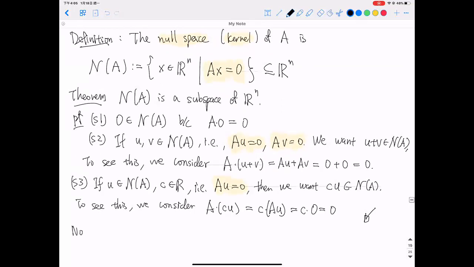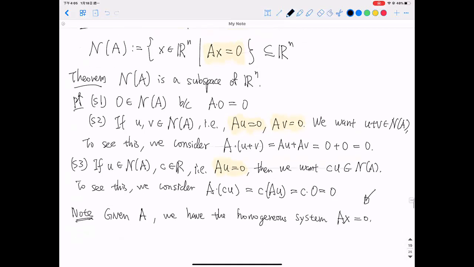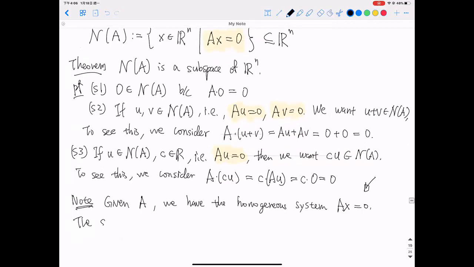Now note, now that the theorem is proved, we should interpret this in the way that we did in chapter 1. Given A, we have the homogeneous system Ax equals 0.